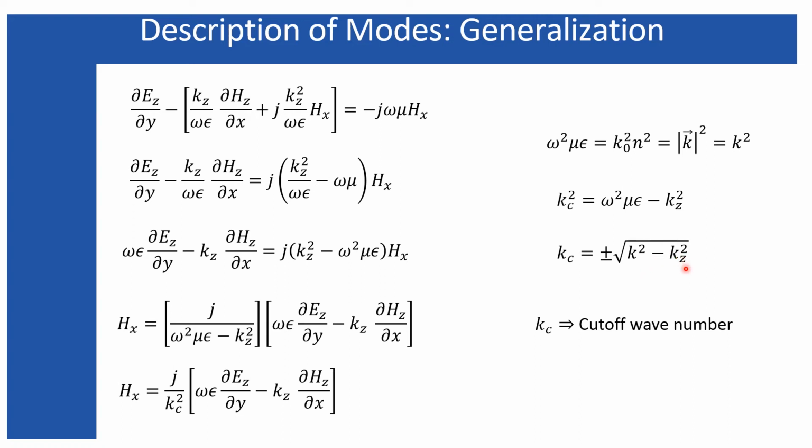Kz is the wave number of the incoming or incident wave, and k is also a wave number, but it represents the maximum number of waves that can be supported by a particular medium, because this k includes the property of the medium through n or mu and epsilon.